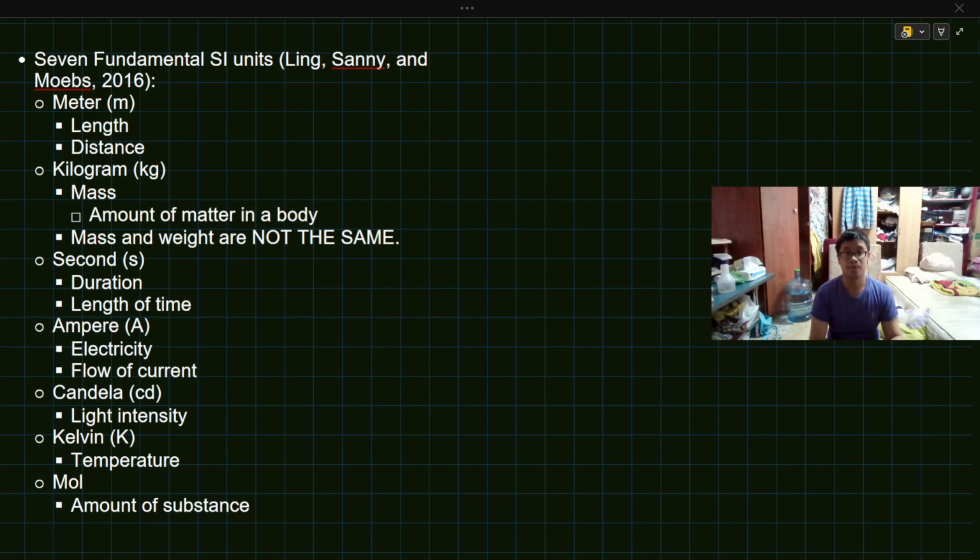So you may be thinking mass and weight are similar, but scientifically speaking, they're not the same. Why? Mass is the amount of matter in the body. Weight is the gravitational pull with relation to the mass.